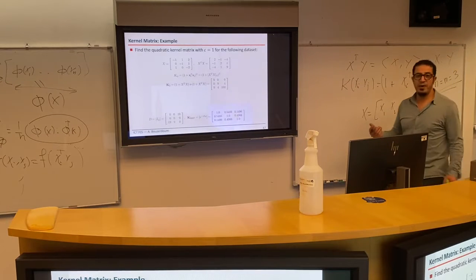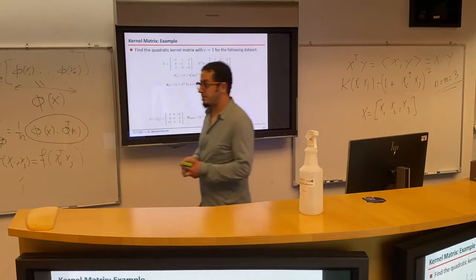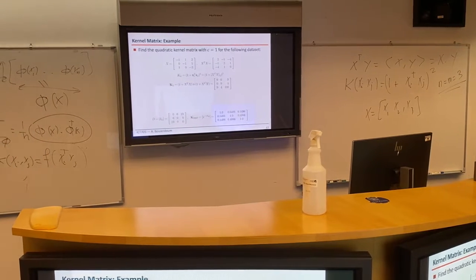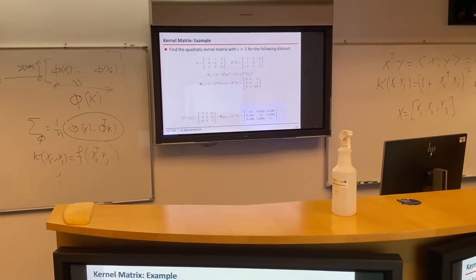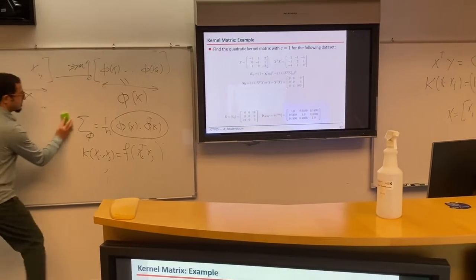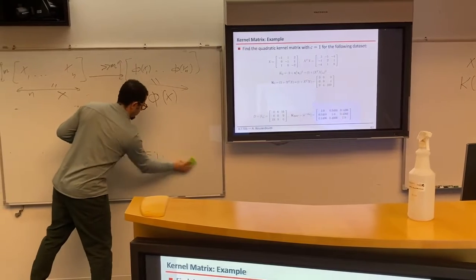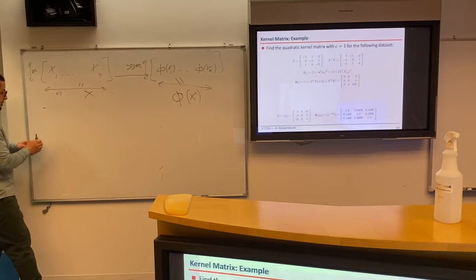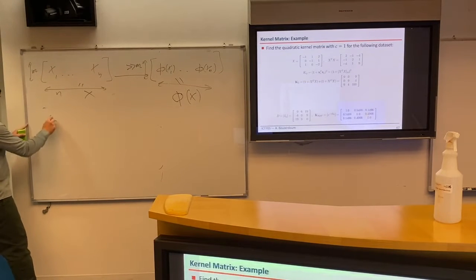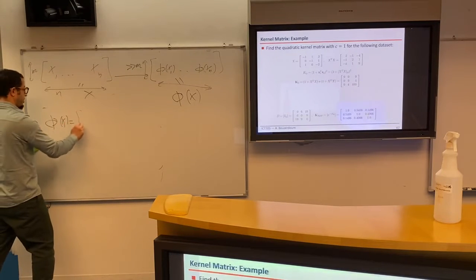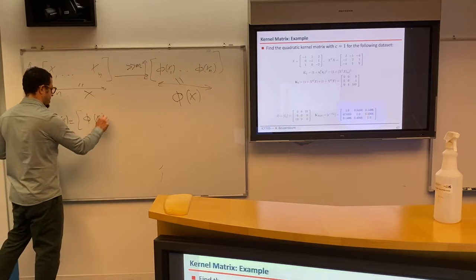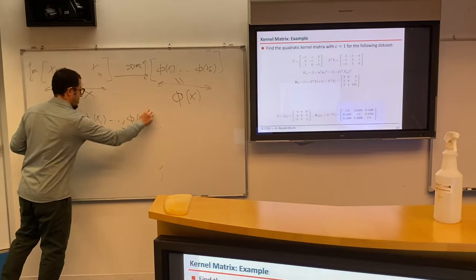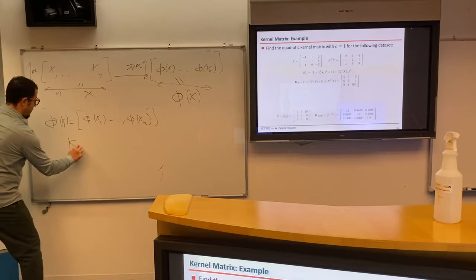Okay. So how to find a kernel matrix here, if you want to write it as a matrix product? So we have phi of x as this one, right? Okay. So what is the kernel here?